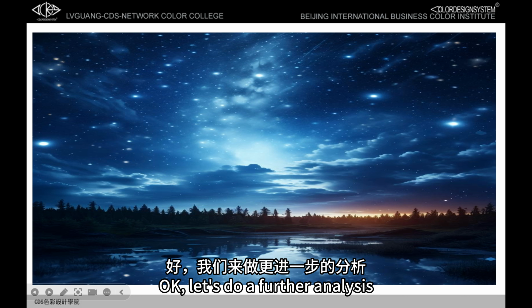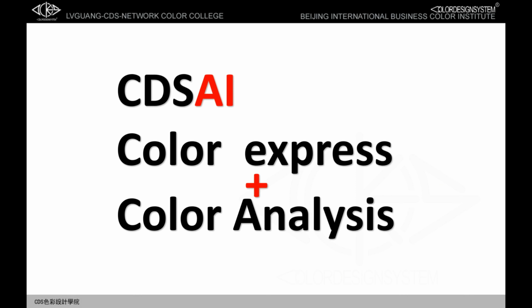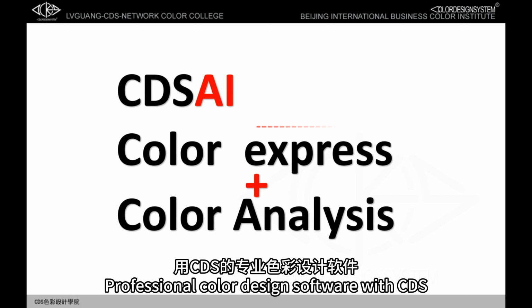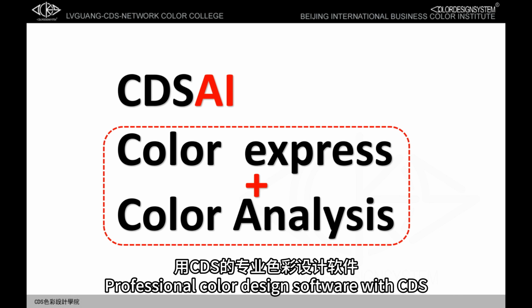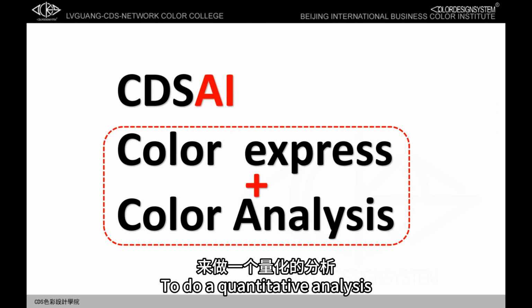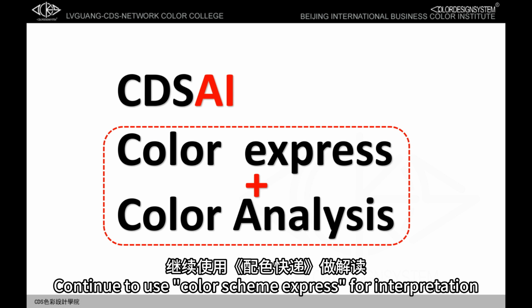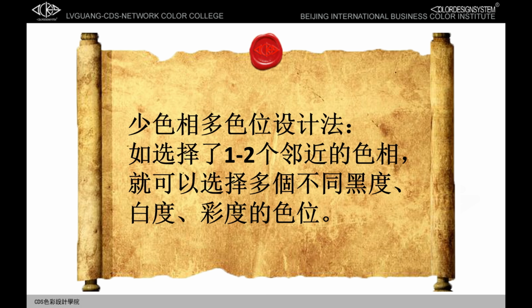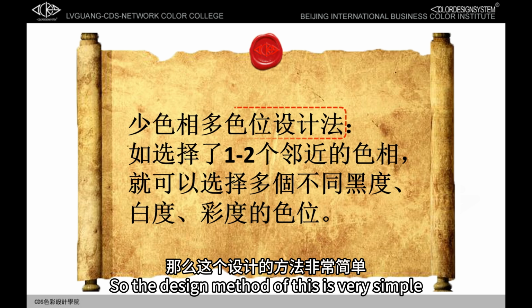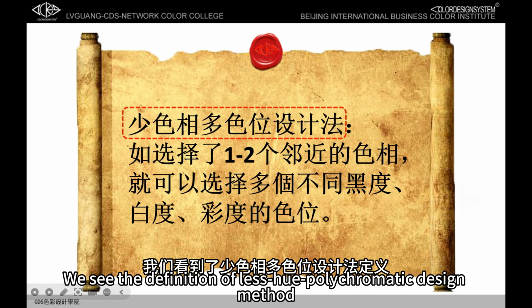Okay, let's do a further analysis. We also use the professional color design software CDS to do a quantitative analysis, continuing to use Color Scheme Express for interpretation. The design method is very simple. We see the definition of the less hue polychromatic design method.